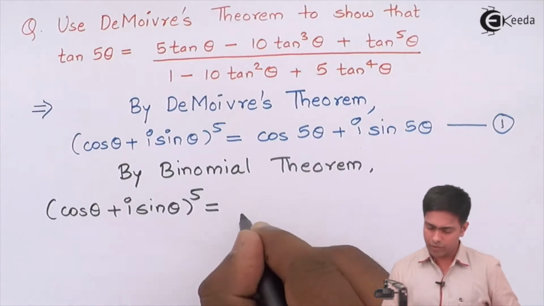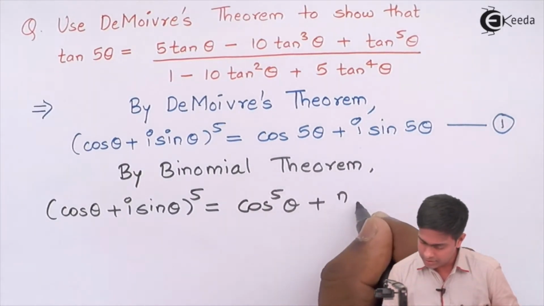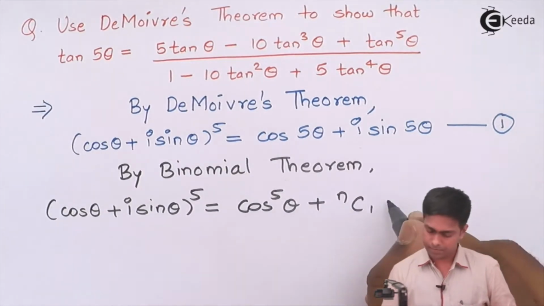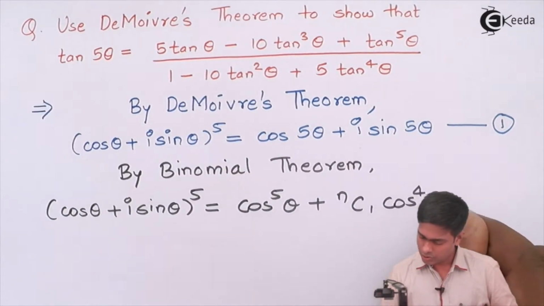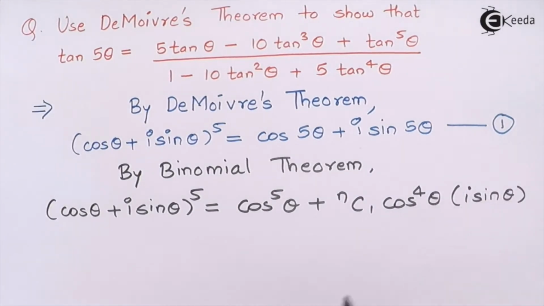So I'm going to use this formula here. By doing that we will get cos raised to 5 theta plus nC1 cos raised to 4 theta i sin theta, next plus, and so on.